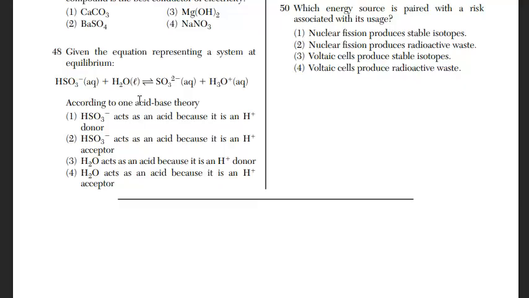The other has to do with what is donating H plus and what is accepting H plus. It's actually known as the Bronsted-Lowry theory. I don't know why New York State had decided a long time ago now not to mention Bronsted and Lowry, but they don't. So what we're looking for is the Bronsted-Lowry or other acid-base theory, where an acid will donate or give up an H plus and a base will accept it.